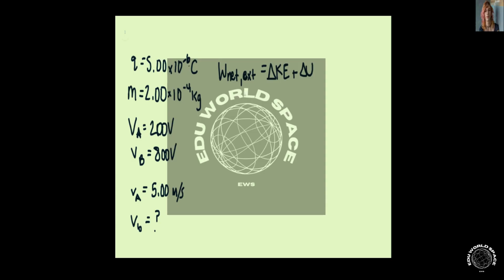I'm going to say that the electric force is internal, so this external work is 0. And so we get the equation that the change in kinetic energy is equal to minus the change in potential energy.